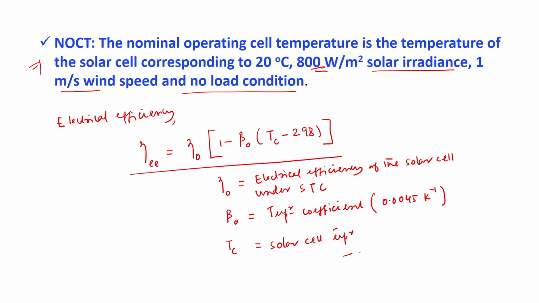Okay. So, this is the expression of electrical efficiency in terms of temperature, right. This is important while calculating the solar cell temperature, because if we touch the back side of the solar cell or module, that temperature is different from the exact solar cell temperature.